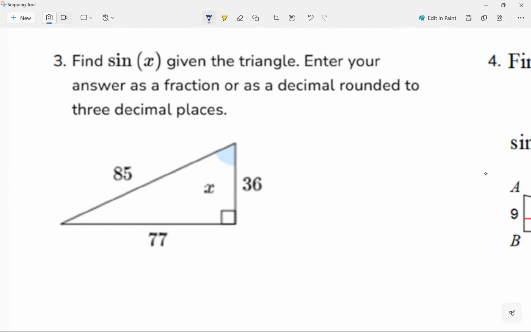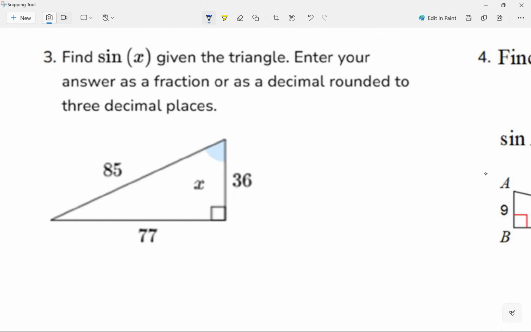Find the sine of x given the triangle. Enter your answer as a fraction or as a decimal, rounded to three decimal places. So I see that the x is this angle marked here, and that's basically where my theta is. The three sides, 85, 36, 77, the 85 is the biggest, so that is the hypotenuse. I see my theta is here, so far away, that's the opposite, and next to, that's the adjacent.